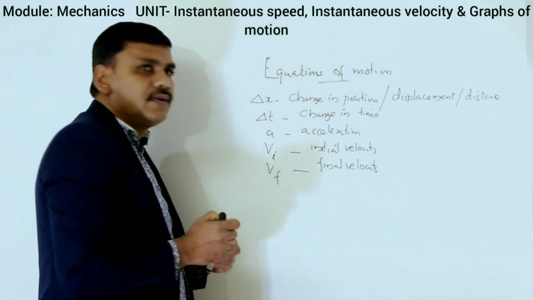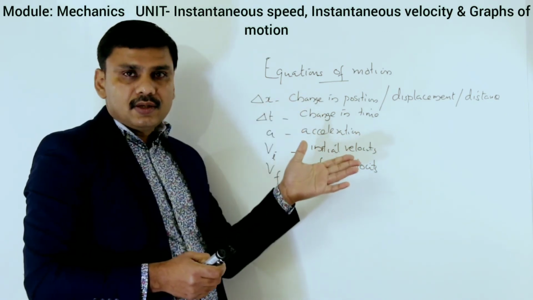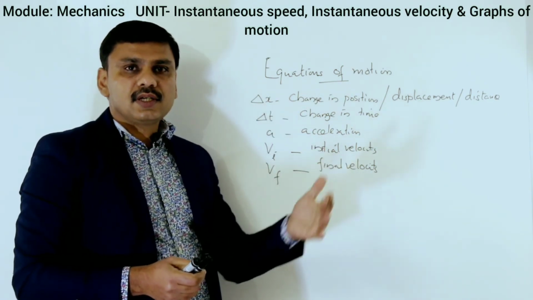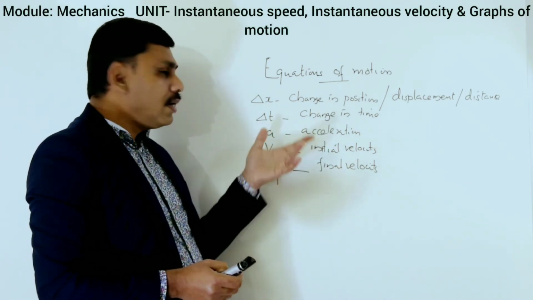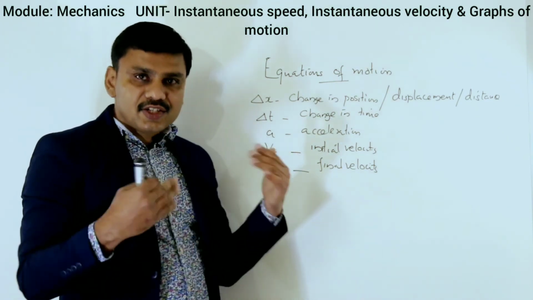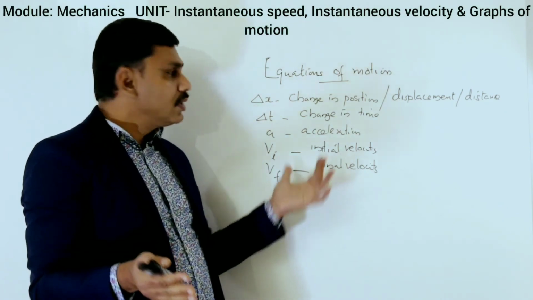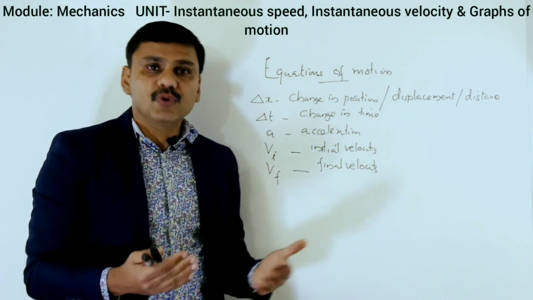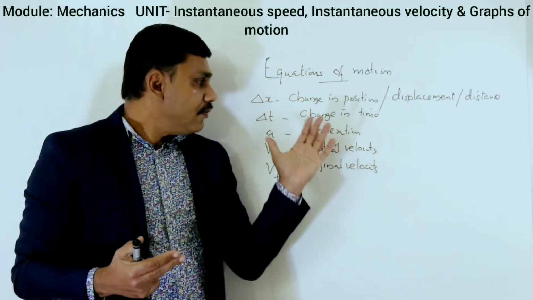So these are the variables when an object moves. There is a change in position, which gives distance or displacement. Delta t is the change in time. A is acceleration. There will be an initial velocity or initial speed, and a final velocity or final speed. So these are the variables that come up when an object moves.